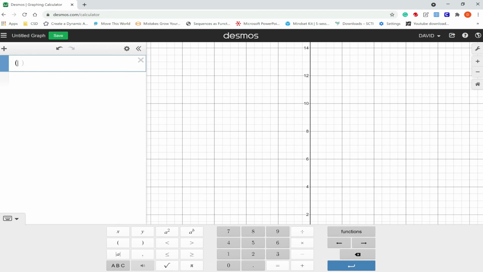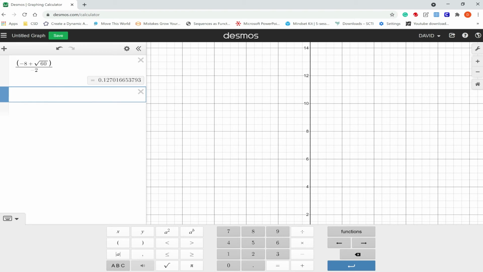First, we'll enter negative 8 plus root 60 divided by negative 2, and then negative 8 minus root 60 divided by negative 2. So we got 0.127 and 7.8729.